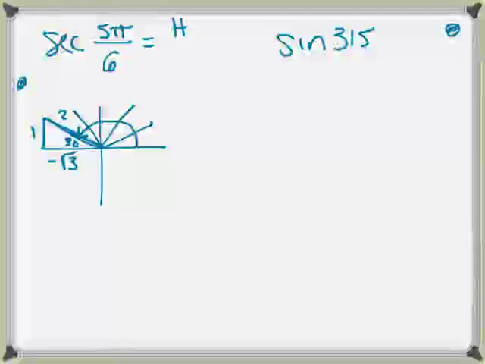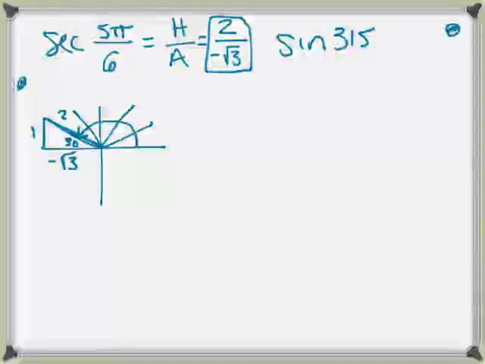That will be hypotenuse over adjacent. What is the hypotenuse? Two is the hypotenuse. And what's the adjacent? Negative square root of 3. And we'll leave that square root on the bottom.